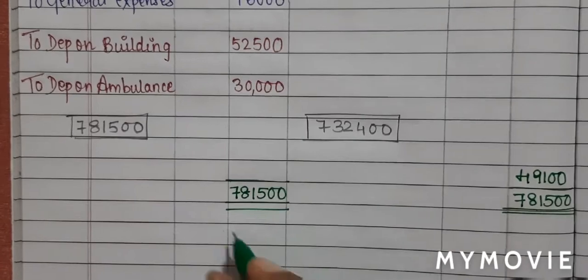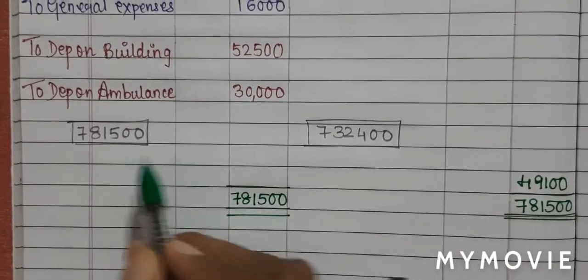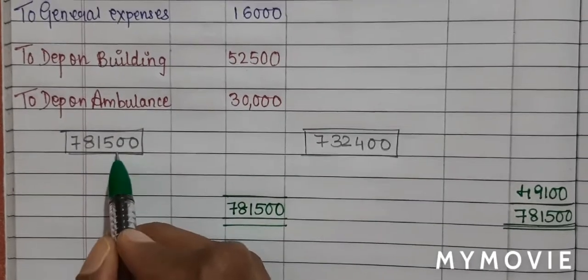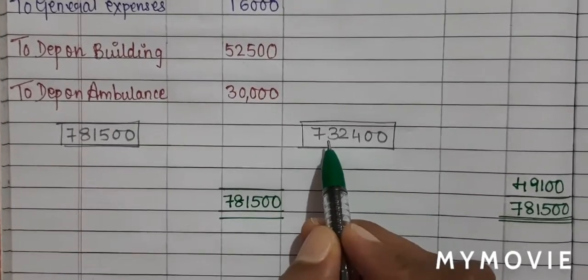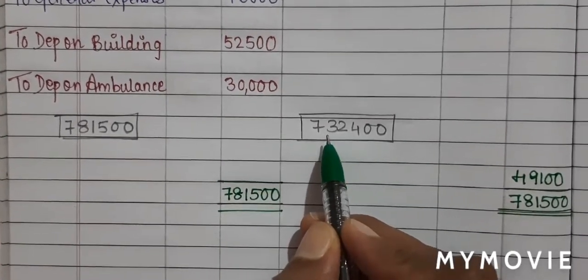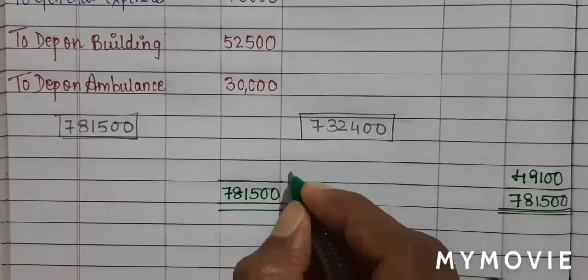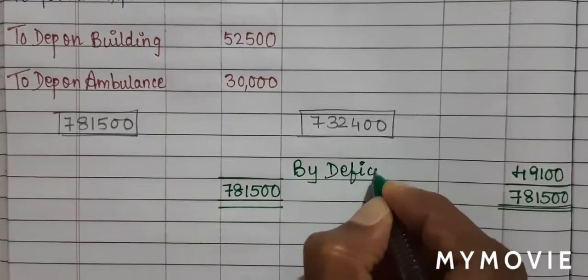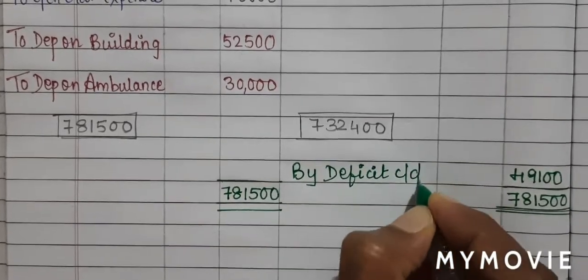Now students, my expenditure is more than my income. So when expenditure is more than income, which means the concern has got a deficit. So I'll write by deficit carried down.